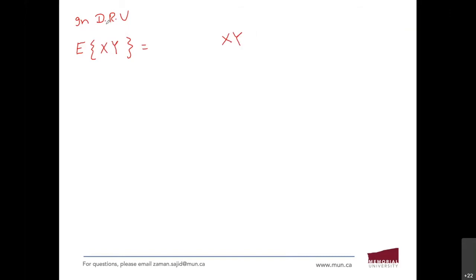Because we are talking about the discrete random variable, the joint probability distribution is represented as P of x, y, times x times y. And because it's a discrete random variable, we sum up all the values. There are two variables, so the summation should be over two: this is all x, this is all y.